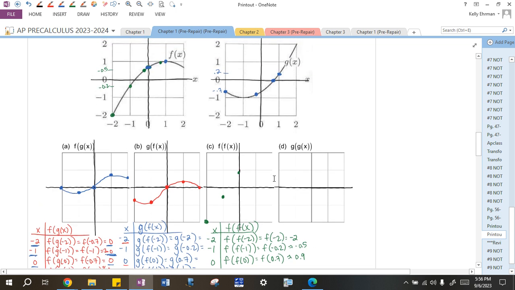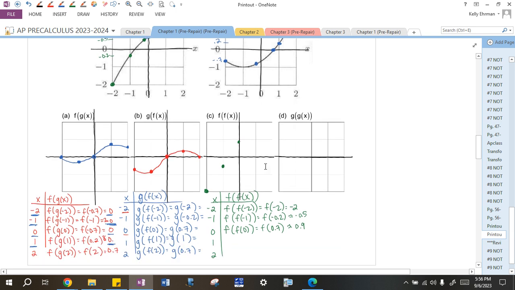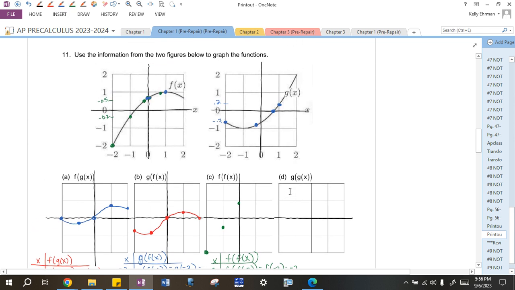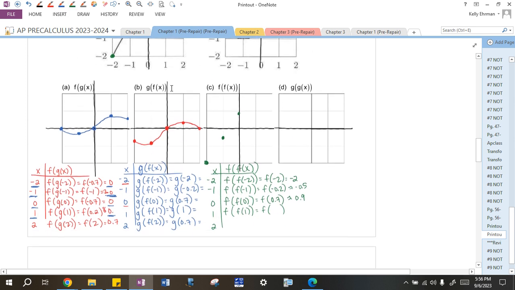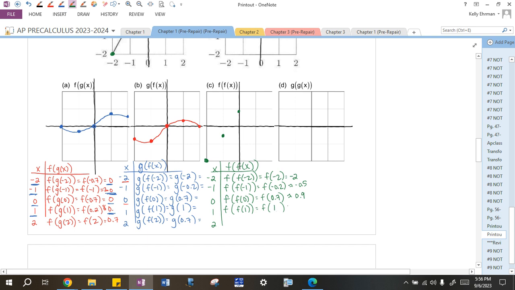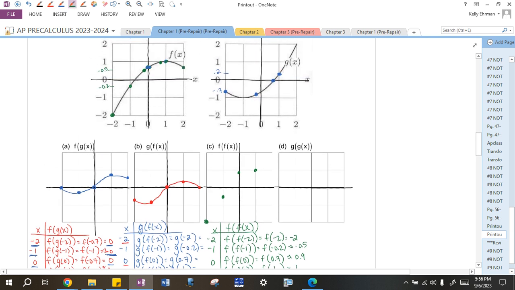And if I go to 1, what's f of 1? F of 1 is 1. So that becomes f of 1 again, which we said was 1. And f of 2. What's f of 2? F of 2 is about, what have I been calling that?